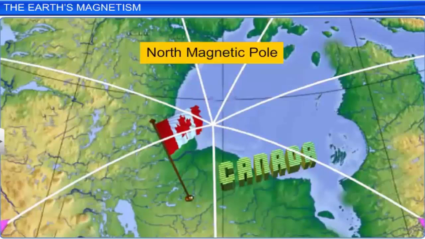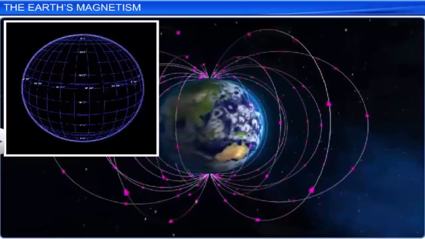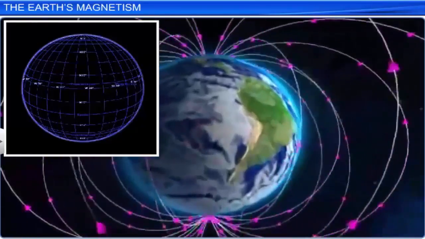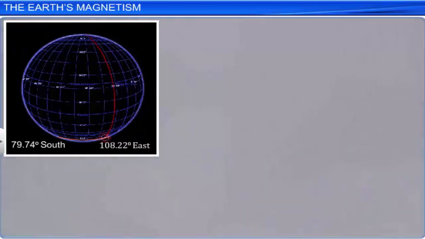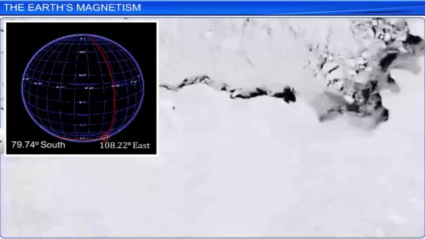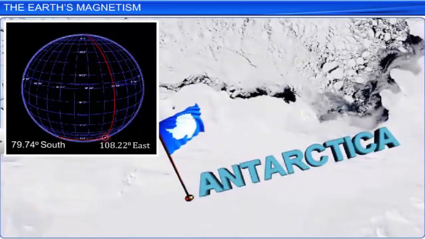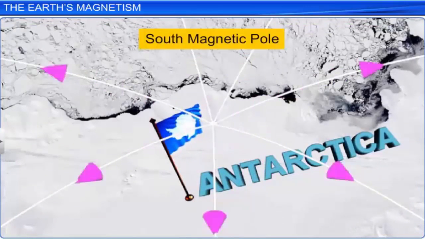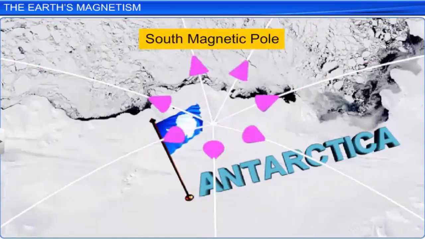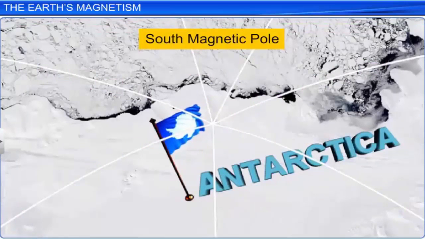Earth's magnetic field lines enter the Earth near this pole. Another magnetic pole is located at a latitude of 79.74 degrees south and longitude of 108.22 degrees east, a place in Antarctica. This pole, which is located near the geographic South Pole, is called the South Magnetic Pole. Earth's magnetic field lines leave the Earth near this pole.